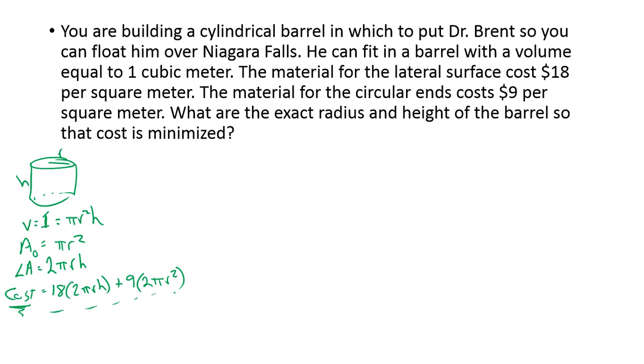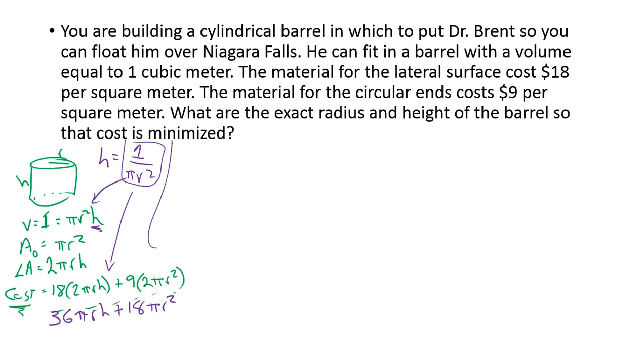Now, what we're going to want to do is replace either the r or the h. And the easier one to do will be to replace the h, because then we don't have to deal with a square root. So we know that h will equal 1 over pi r squared, and that's just solving for h there. Now that gets plugged in for the h here, and then we simplify. Well, this becomes 36 pi r h plus 18 pi r squared, just so we can keep the numbers together.